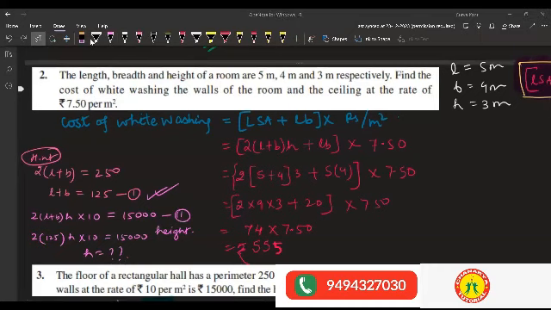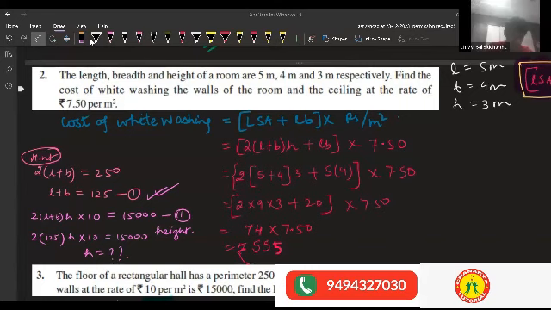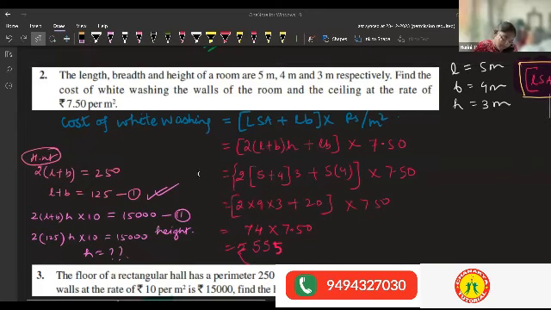So 6. Yeah, 6 is the correct answer, I think.